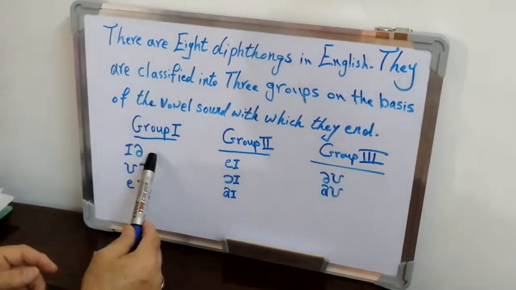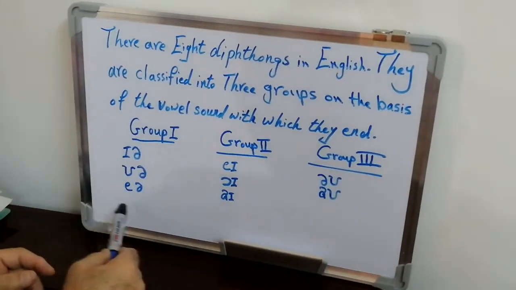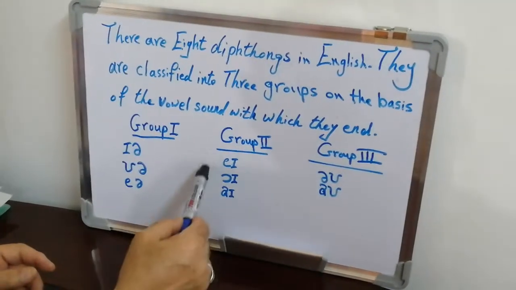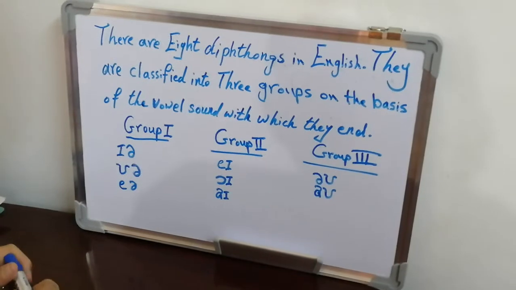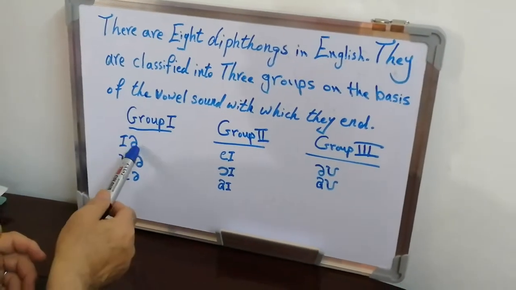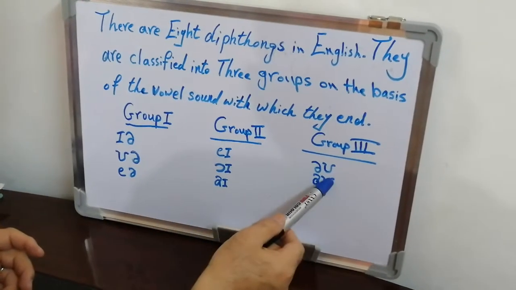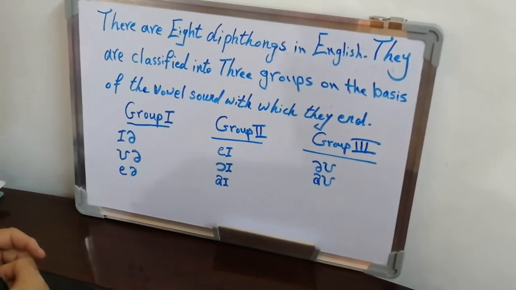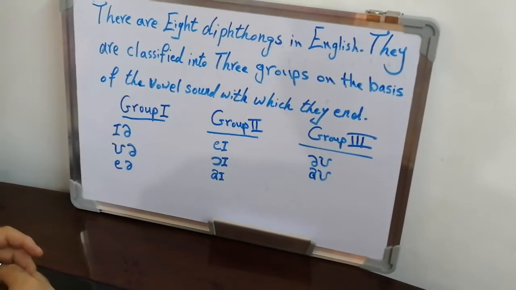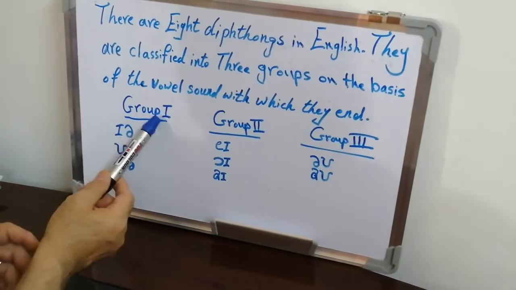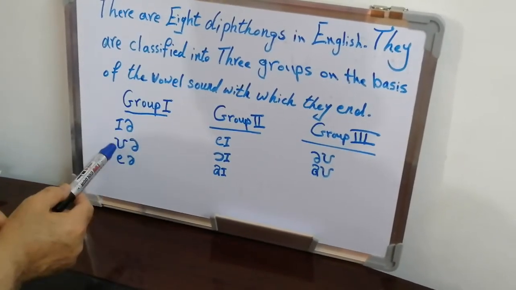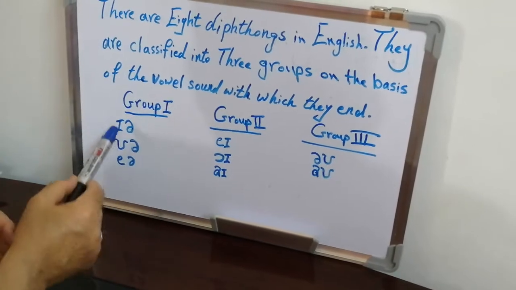Group 1 consists of 3 diphthongs. Group 2 also has 3. The third group has 2. So 3 plus 3 plus 2 makes 8, and 8 plus 12 makes 20 vowel sounds. Now, these 3 sounds of group 1 are put together.